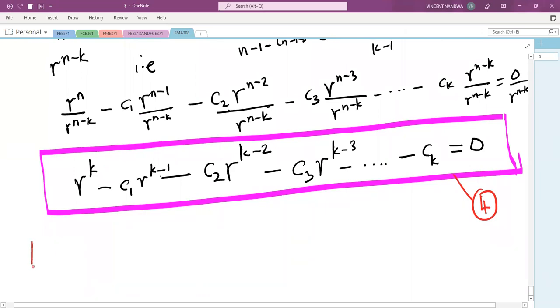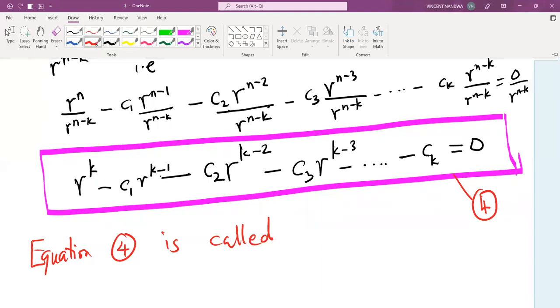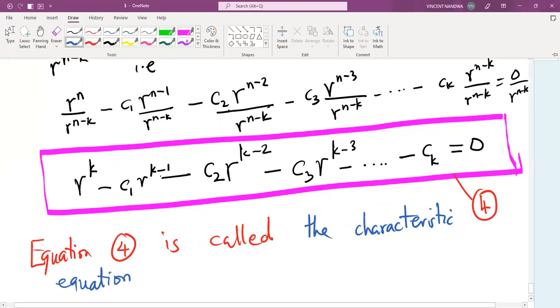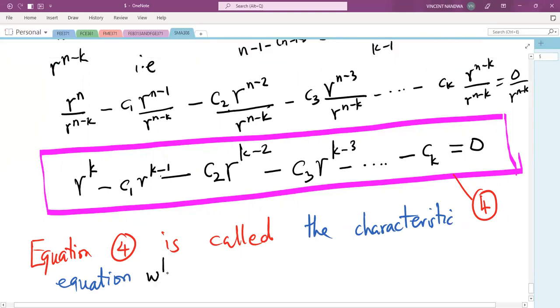So equation 4 is called the characteristic equation, whose solutions are called characteristic roots.